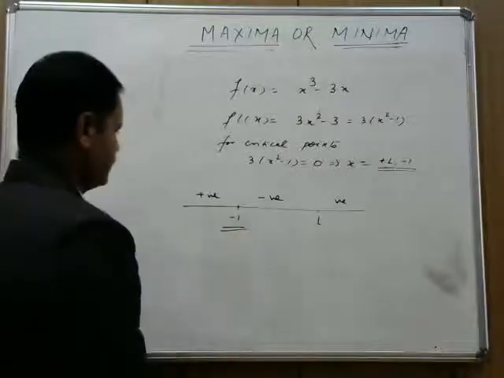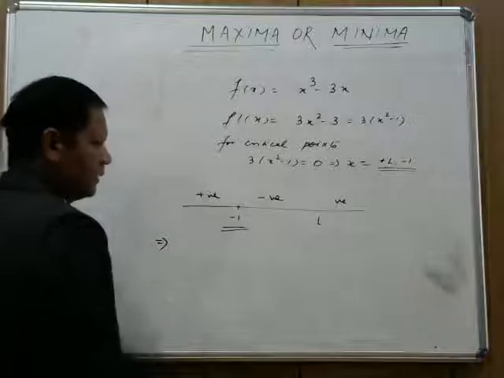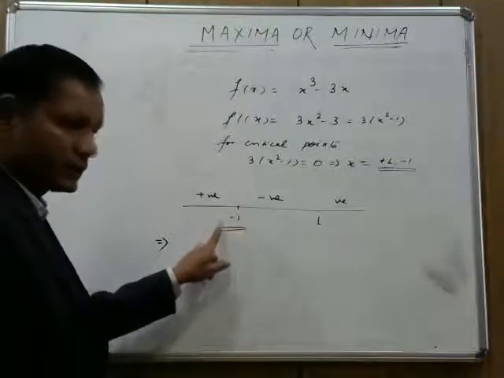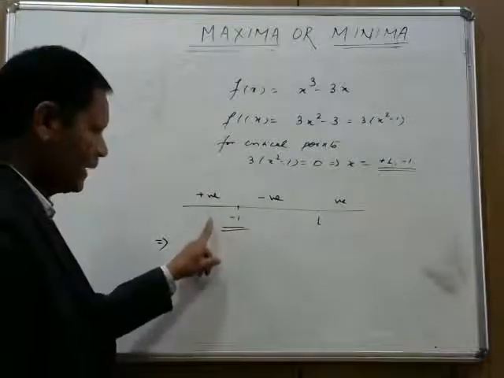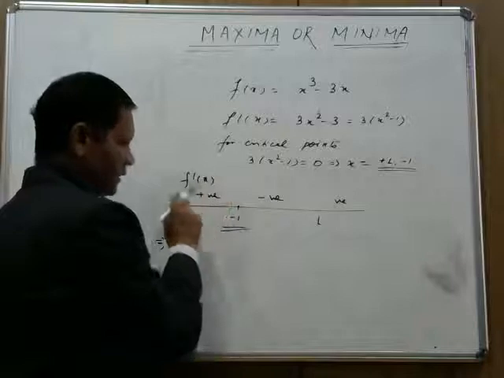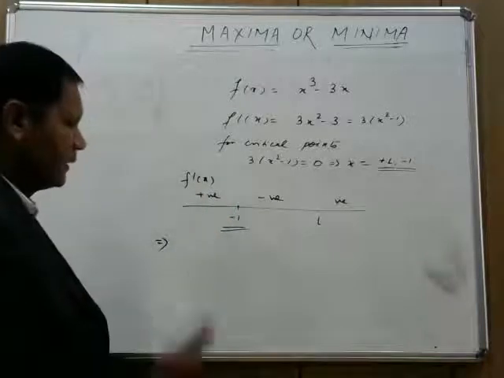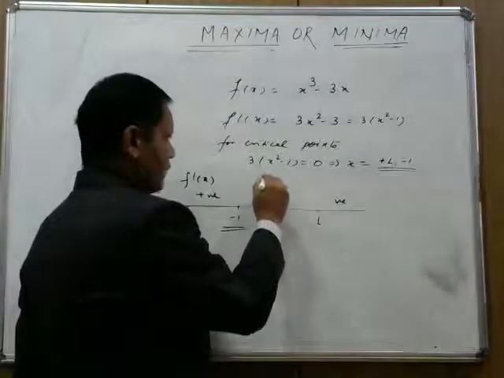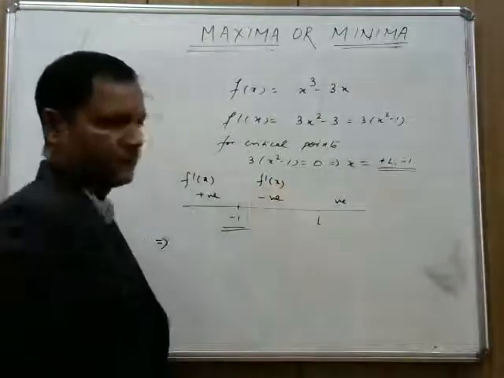That means what? Here minus 1 is the point of local maxima. If I check the value before minus 1, the sign of f dash of x is positive. If I take any value just after minus 1, the sign of f dash of x is negative.